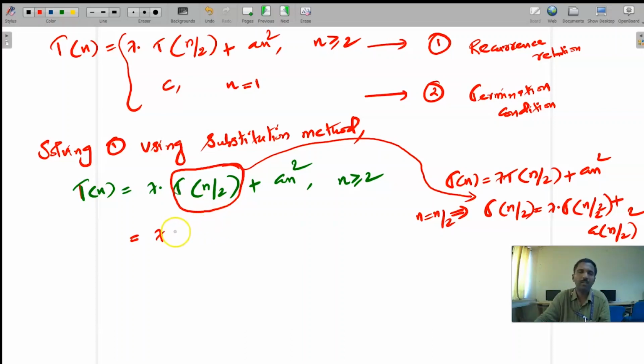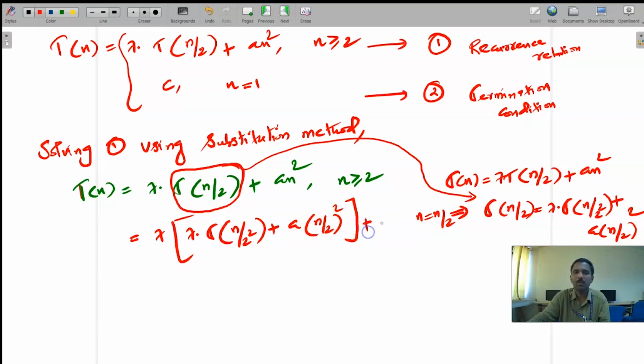So writing here, 7 into T of n by 2 is 7 into T of n by 2 power 2 plus A into n by 2 the whole square, plus A n square. Since we substituted n is equal to n by 2 in equation 1, T of n by 2 is obtained.